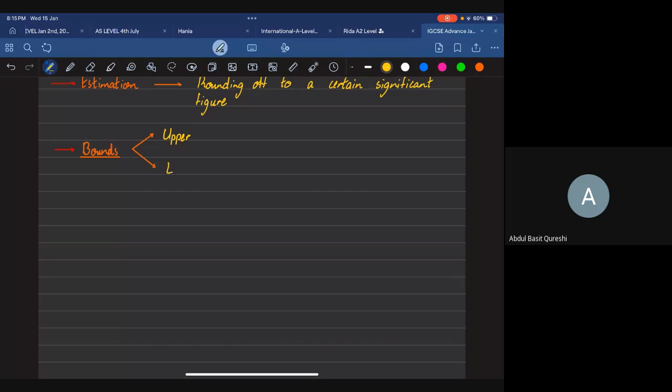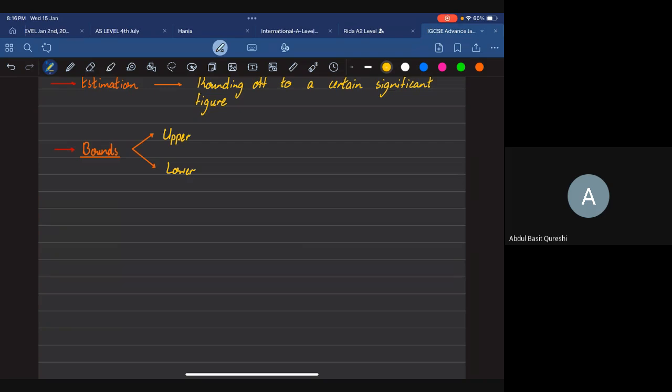Just as Basit said, it is just another way of rounding off, using a limit of accuracy. We're just trying to make the answer a bit more accessible and easy for us. Keeping this in mind, how do you get to bounds is the main question.